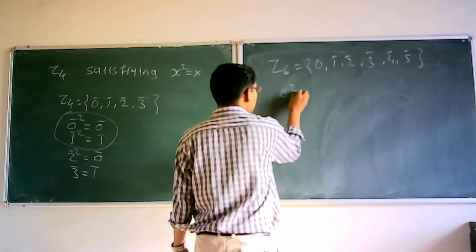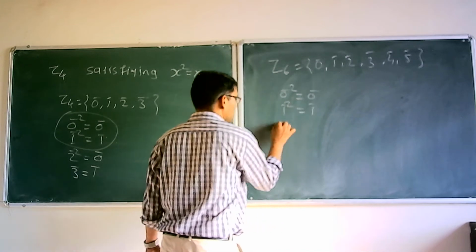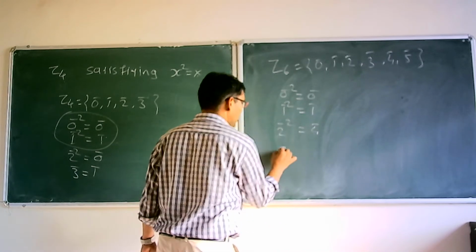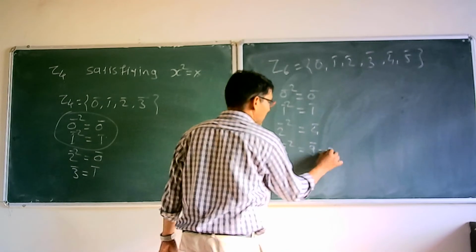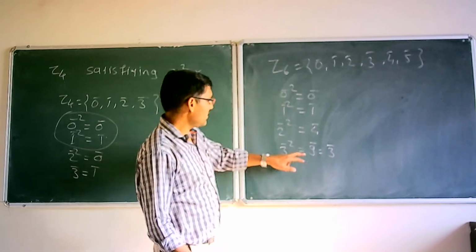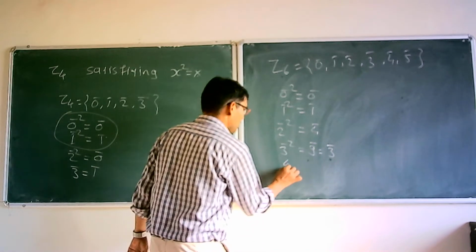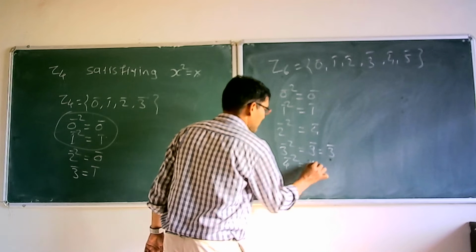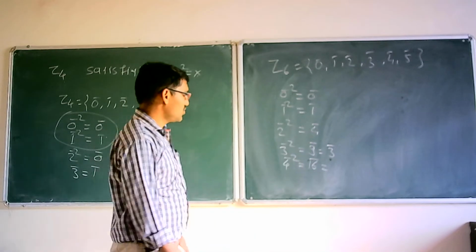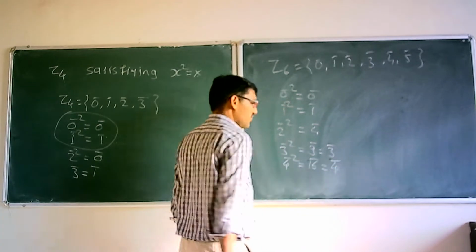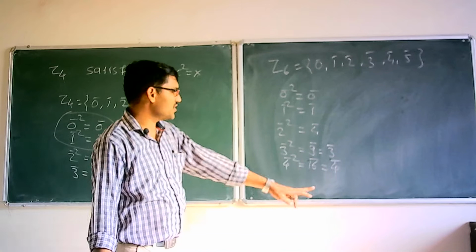We know that 0 bar square is 0 bar, 1 bar square is 1 bar, 2 bar square is 4 bar, 3 bar square is 9 bar, but in Z6, 9 bar is 3 bar. And 4 bar square is 16 bar. If you divide 16 by 6, the remainder is 4. So it is 4 bar.